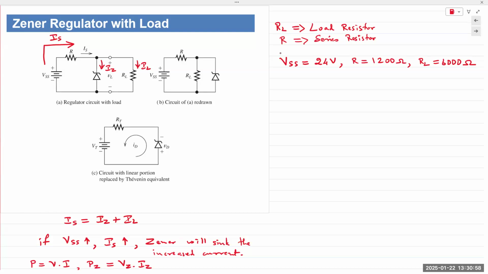We need to determine the Thevenin and Norton equivalent circuits as seen by the Zener diode. You can't escape Messrs. Thevenin and Norton. All right, so what we are going to do is take our Zener diode and isolate it in one side of the circuit. Again, we are keeping the linear components on one side and the non-linear components on the other side.